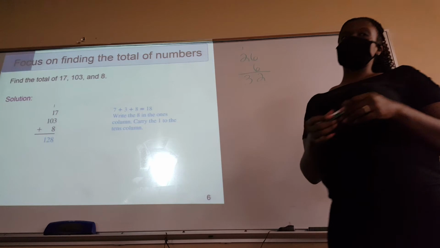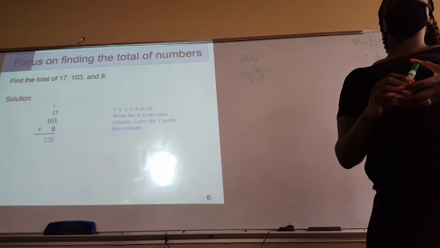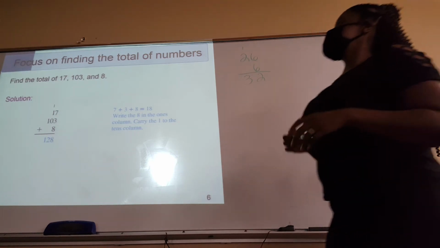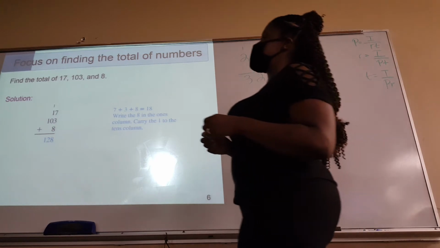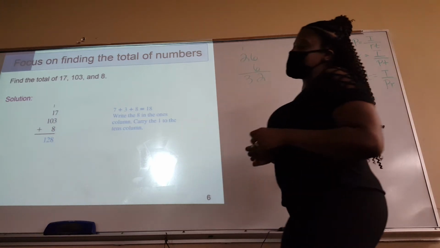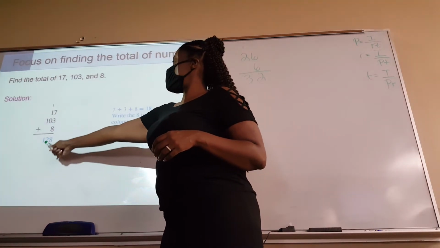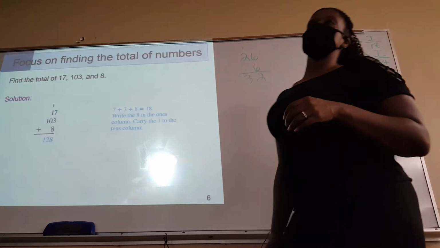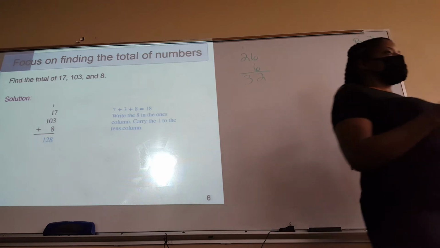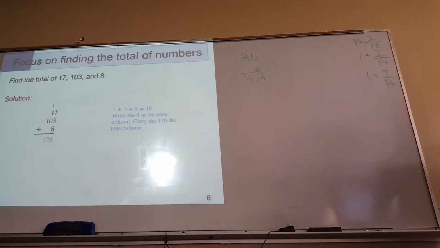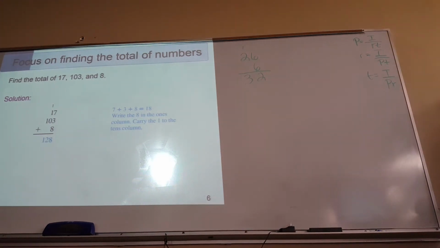So pretty much we're just lining them up because they're all whole numbers and where they're supposed to be. 7 plus 3 plus 8. That's pretty much 10 plus 8, which is 18. Then we carry the 1. 1 plus 1 is 2. And we bring down the 1 to get 128. Questions?